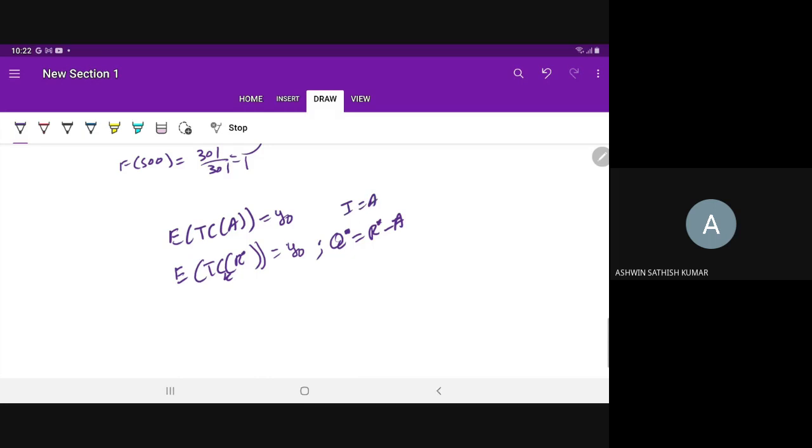So when you are not placing an order, the cost is Y naught. When you are placing an order, the cost is also Y naught. So it is up to you whether you place an order or not. The total costs are the same.